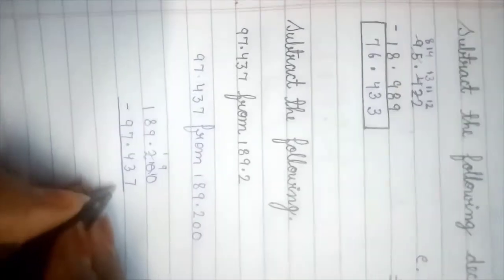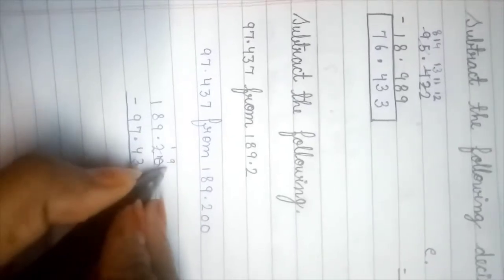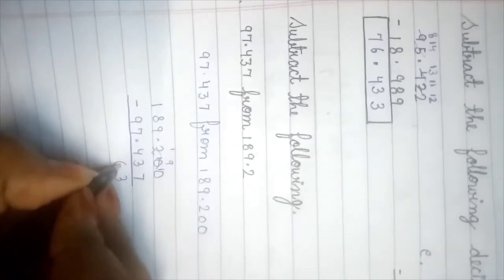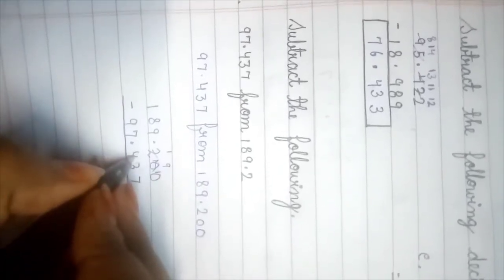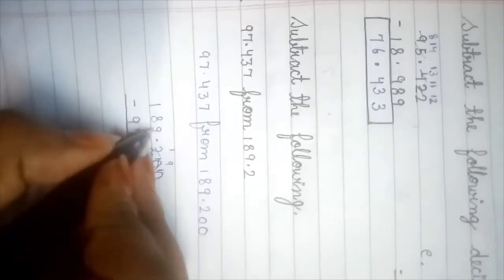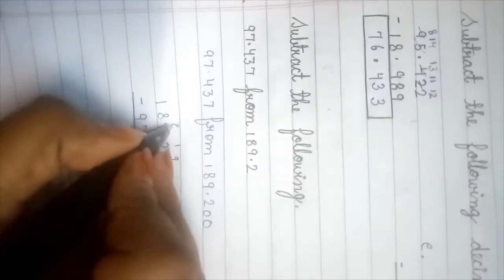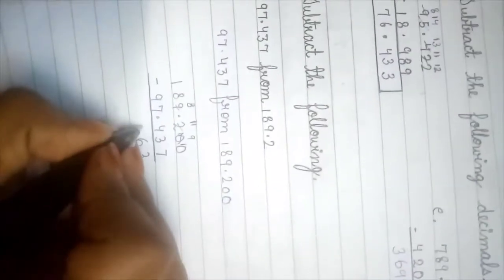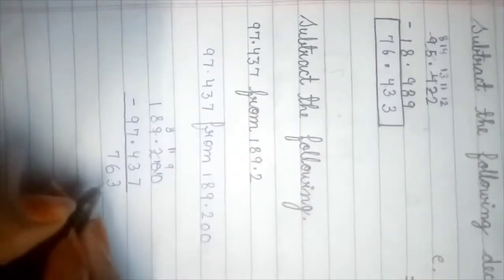Now 10 minus 7 is 3, 9 minus 3 is 6. Now 4, we cannot subtract 4 from 1, so we will take a borrow, 8. 11. Now 11 minus 4 is 7.